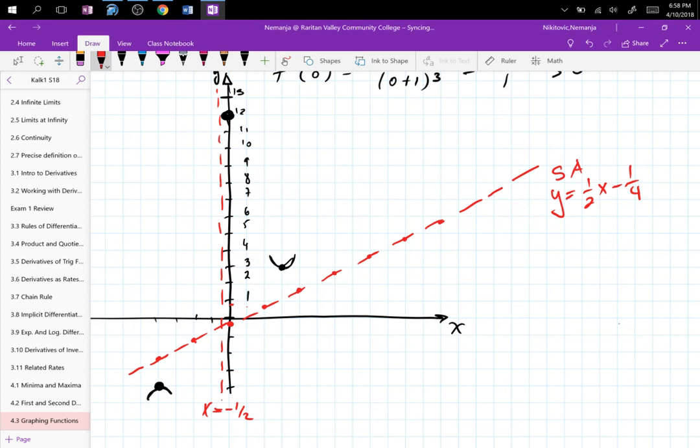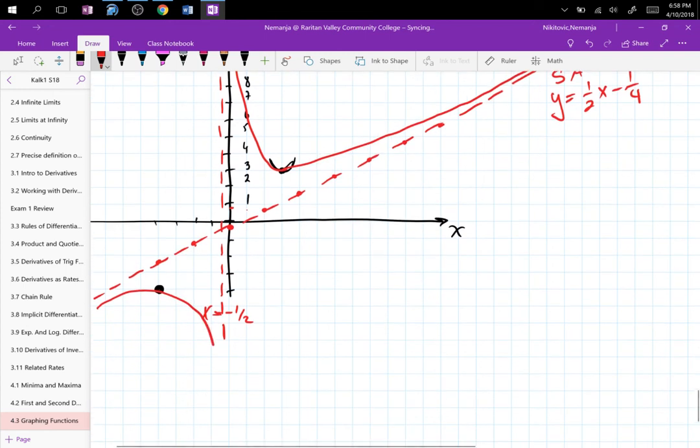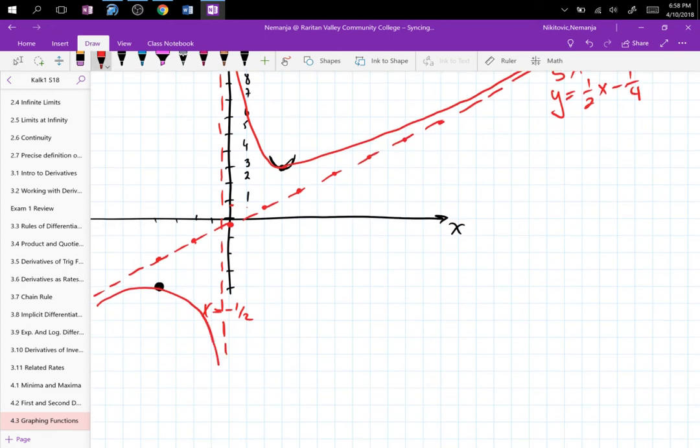Now we have everything we need to draw our function. On the right hand side, the function is going to drop down through the Y-intercept, hit the minimum 3, 3, and then bounce off to follow the asymptote. On the other side, it's going to come in, bounce off, and bend to follow the asymptote.